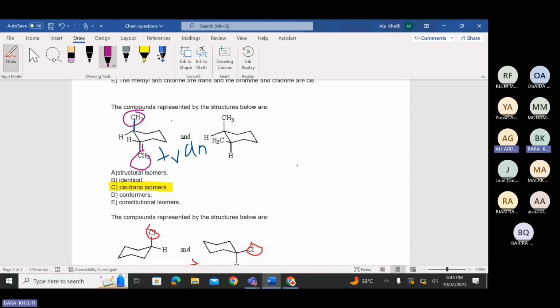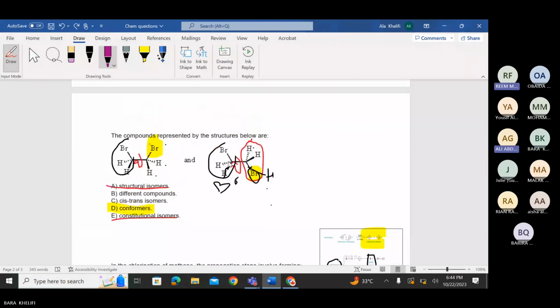And if both were up, it would be cis. And if both are down, like this, then yes, it's also cis. So they have to be facing the same side. Understood? Yeah, I got it.